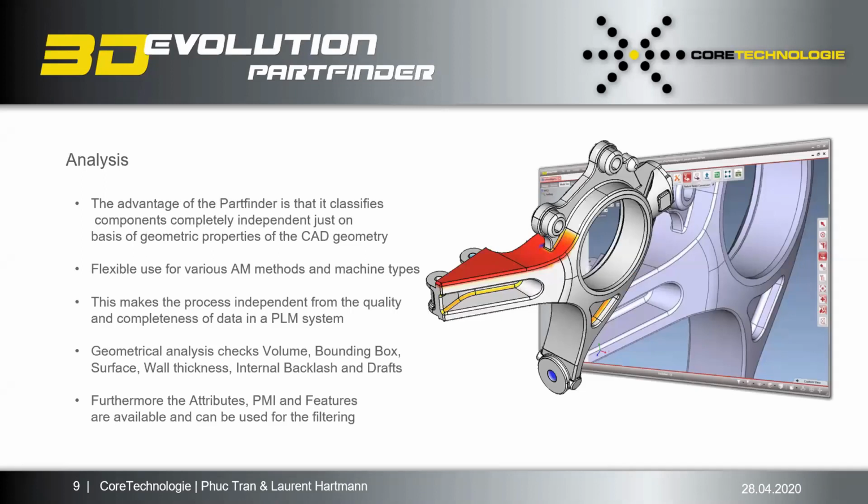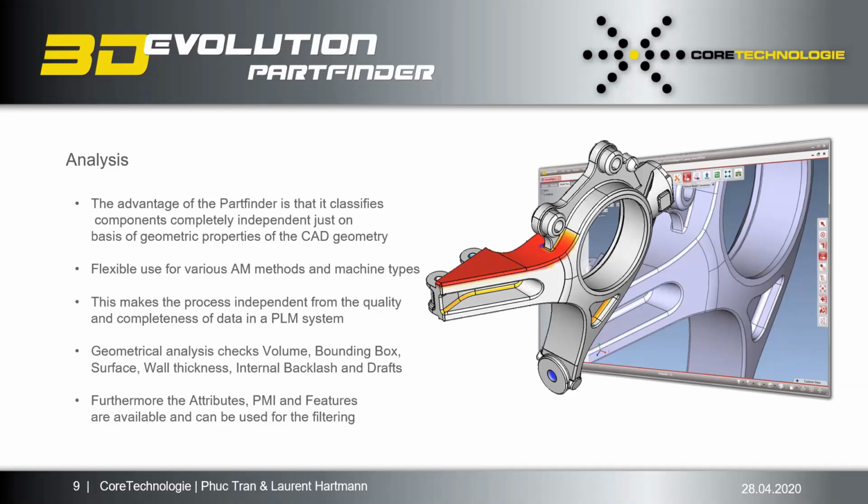Based on the CAD data, the Partfinder will analyze the geometries directly for you. To classify the models in the end, we will do analysis like wall thickness, to have an idea how thick the models are.